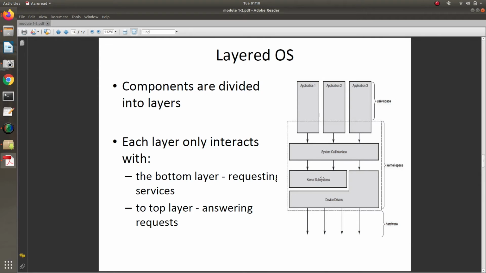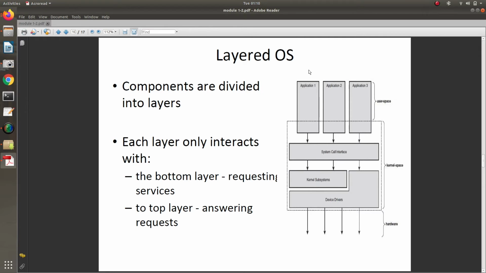Now these are the device drivers that help the kernel to communicate with the hardware. This is the kernel. The kernel gets the instructions from the applications or the user, and that is basically a system call. A system call is basically any command given to the kernel.